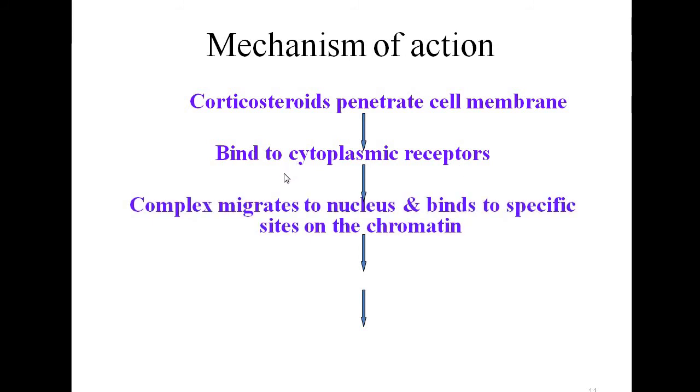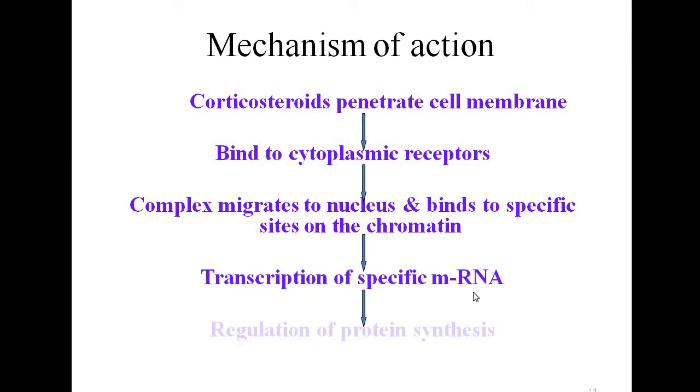This steroid receptor complex then migrates into the nucleus and binds to specific sites on the chromatin depending on the target tissue, resulting in transcription of specific messenger RNA and therefore the regulation of protein synthesis. Like we have seen, corticosteroids act on almost all the tissues, whether it is the bone, WBC series, RBC series, stomach, in all these places.